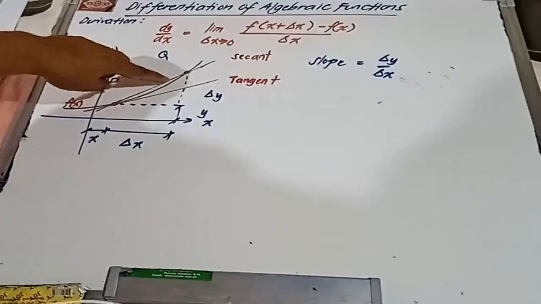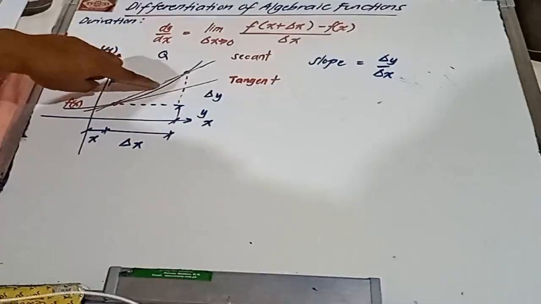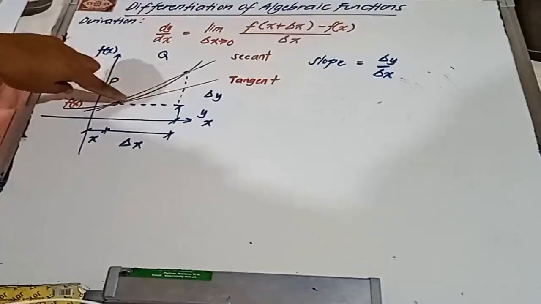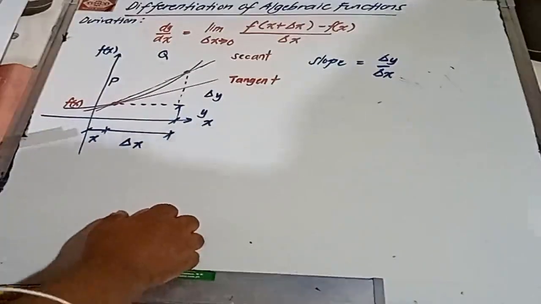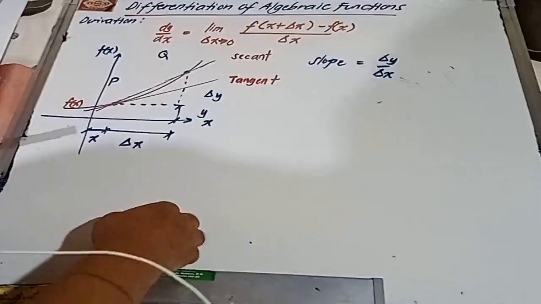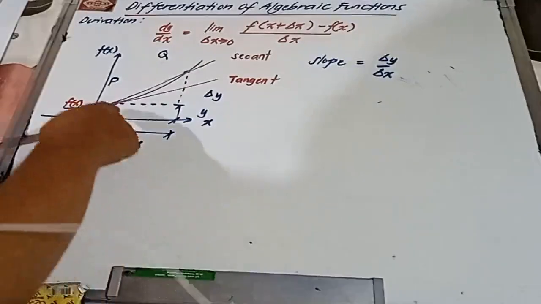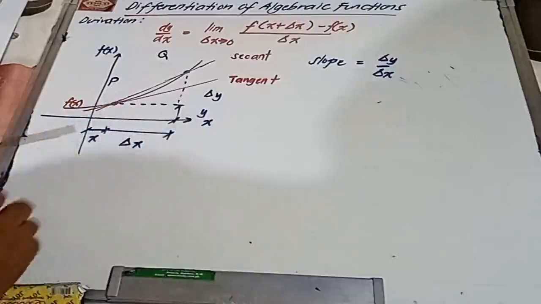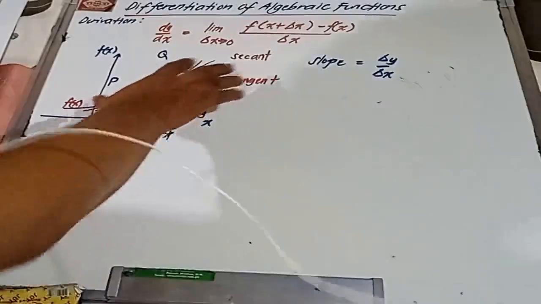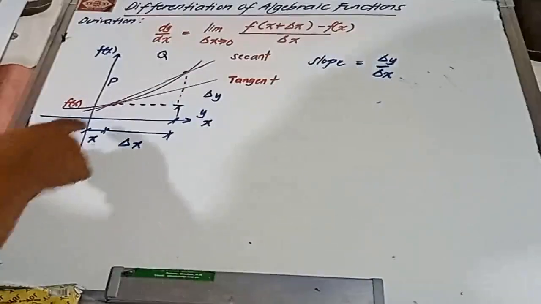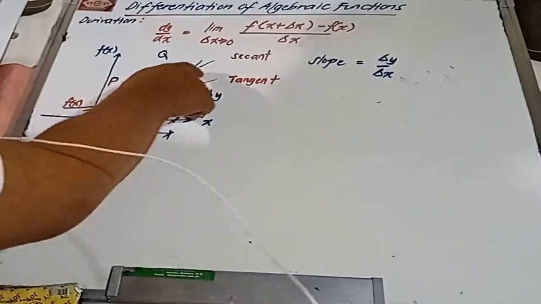Kuha tayo ng slope closer to P, closer to P, closer to P, hanggang sa makuha natin yung best approximation ng slope o steepness of the curve at point P. Ngayon, based from the formula of the slope, kunin muna natin yung slope of the second line. That is the line connecting point P and point Q.